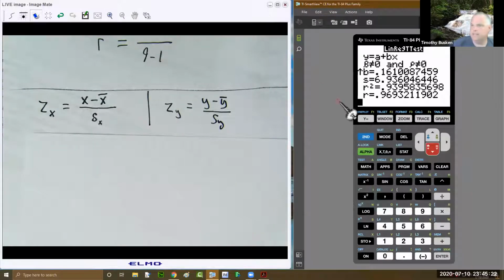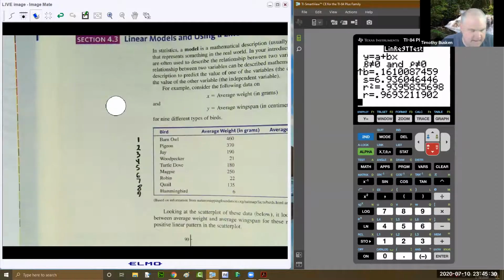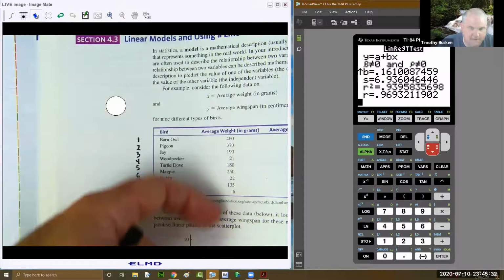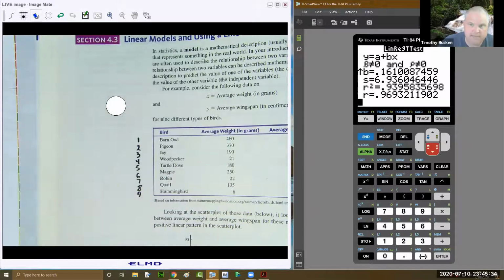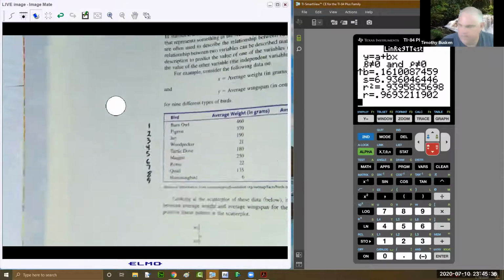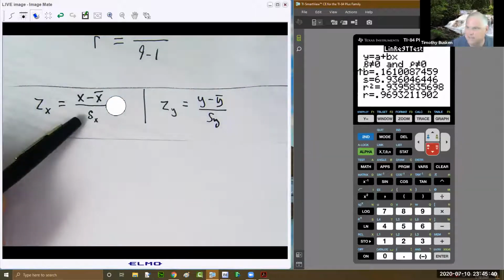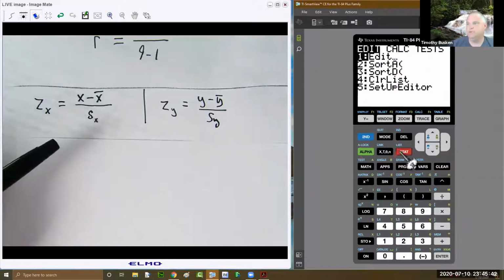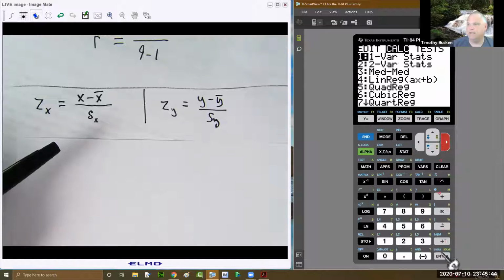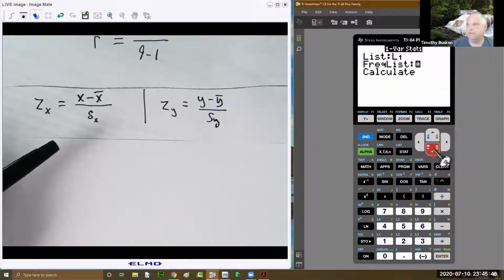To get that done, x bar is the mean of the x data, which in this case is the average weights. So we are trying to find the average of the average weights. That's what x bar is. And the standard deviation of those weights will be the number sx. The easy way to get that is to use the one-variable stats command on the calculator on list 1.